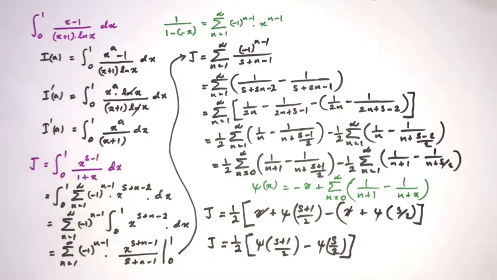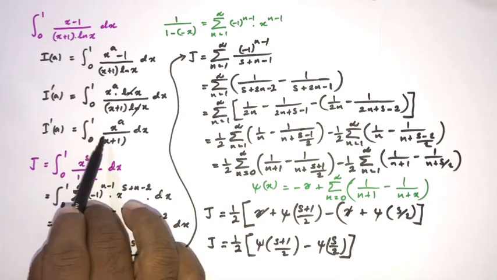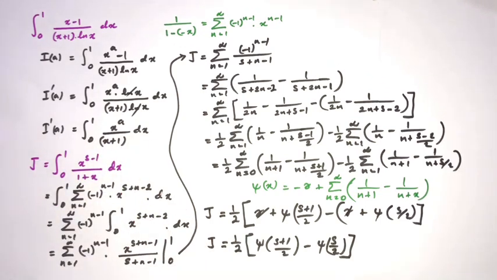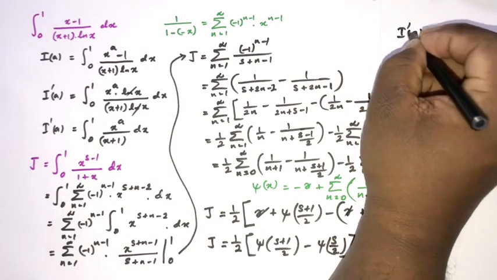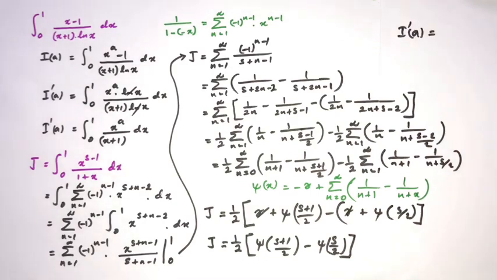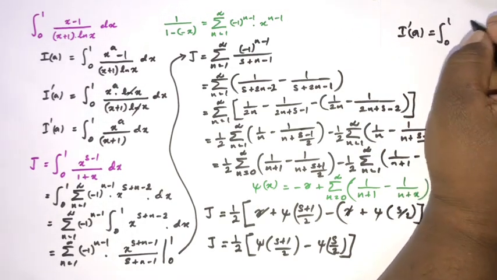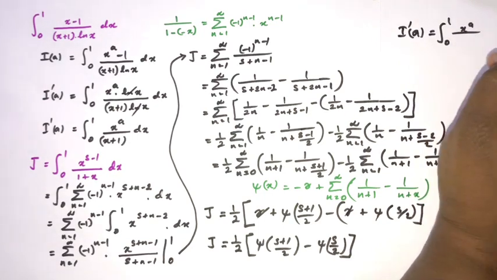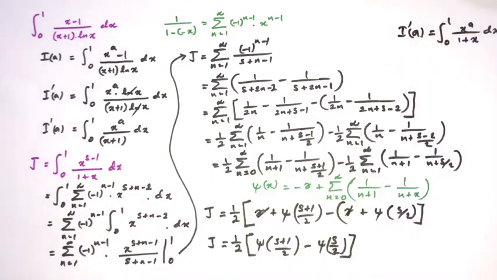So then let's take I dash of a. We know I dash of a is equal to the integral from 0 to 1 of x to the a over 1 plus x dx.